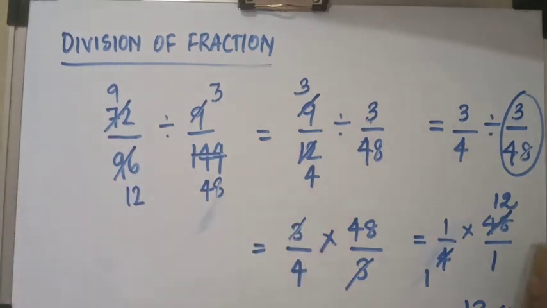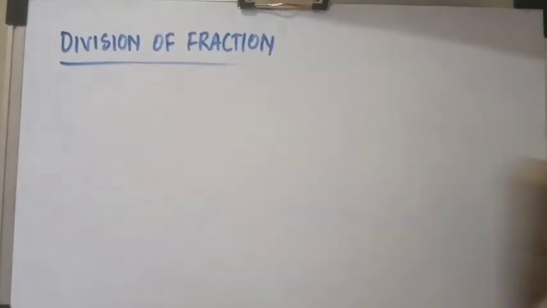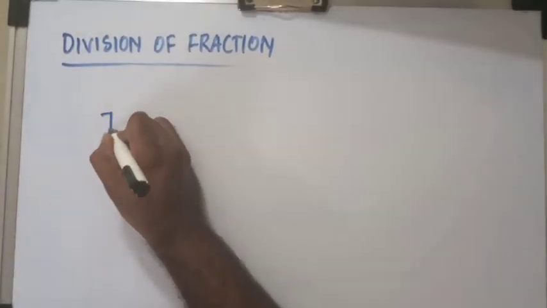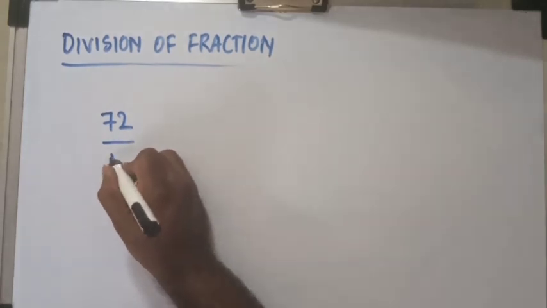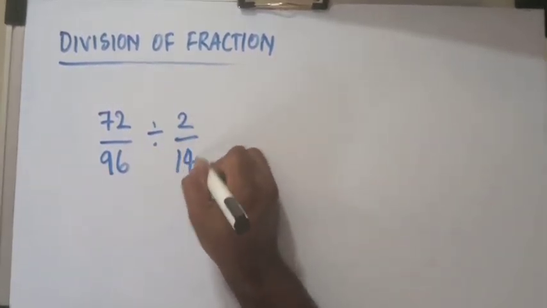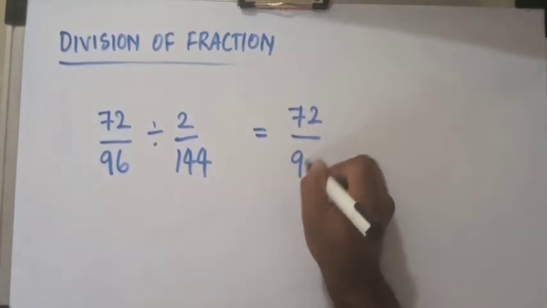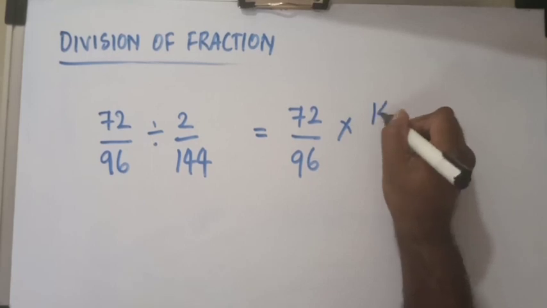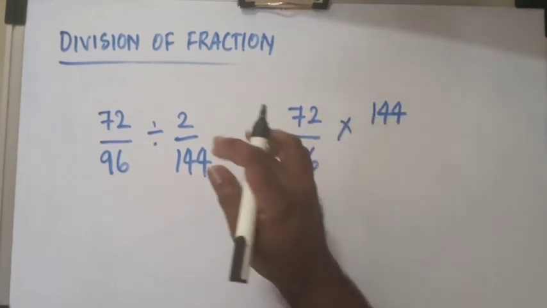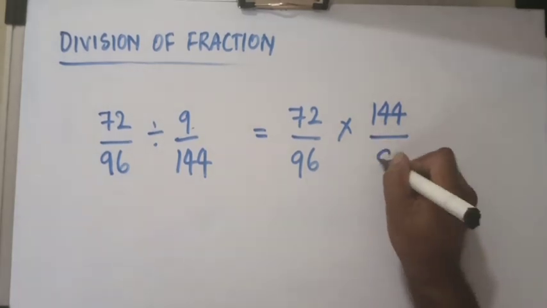If you're not able to solve this way, the simpler way that you can solve the same sum is like this. Say you have 72 upon 96 divided by 9 upon 144. Directly what you do, you convert the division sign into a multiplication sign, and when you convert the division into multiplication, this is 9 upon 144, this becomes 144 upon 9.